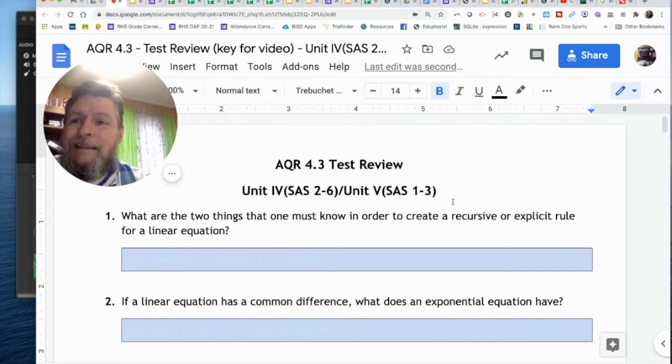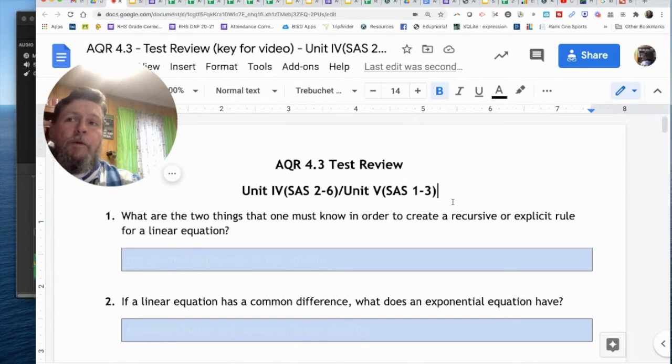So question 1 says, what are two things that one must know in order to create a recursive or explicit rule? Okay, for recursive, you definitely have to have two things. A line moves in such a fashion, we learn in algebra, that when x moves a certain number of moves, y moves a certain number of moves. So what is the rise over run?